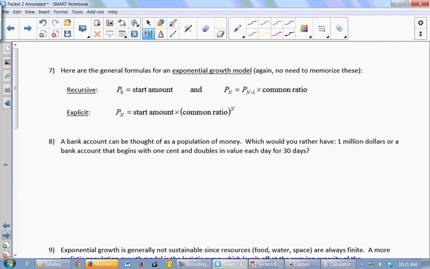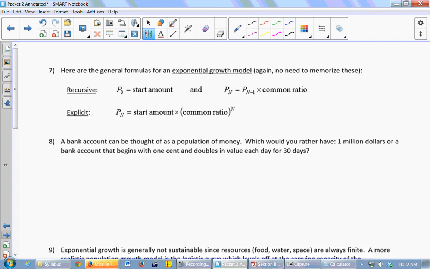So here are the general formulas for exponential growth. Again, you don't need to memorize these because you can come up with these formulas by reasoning it out, but they are here. You can write them on your cheat sheet and bring it to the test. If you want to write a recursive formula for an exponential growth model, you have to give the starting amount, P0, and then P sub n, the population in year n, would be P sub n minus 1, which represents the population from the year before, times whatever the common ratio is.